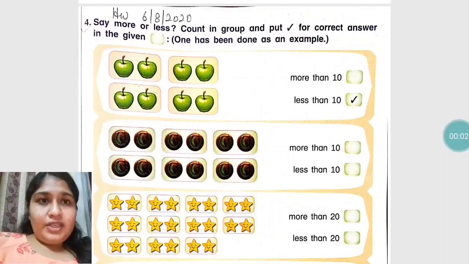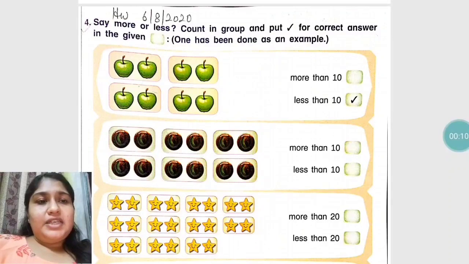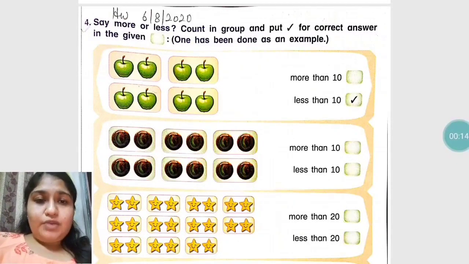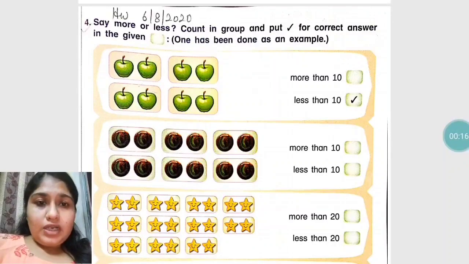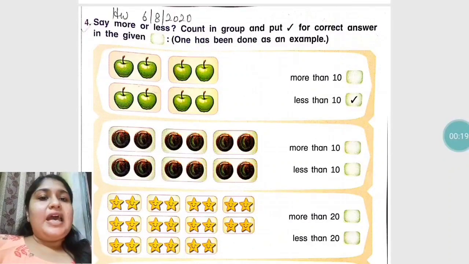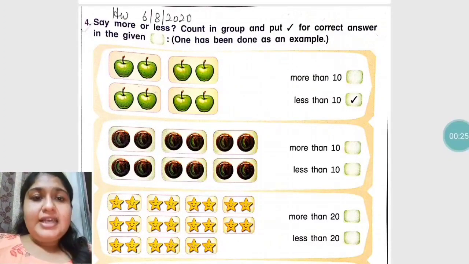The question number 4 is say more or less. Count in group and put tick mark for the correct answer given in the box. One has been done as an example. So here students, इस क्वेश्चन नंबर 4 में आपको काउंट करना है पहले ग्रुप्स में and then you have to answer. फिर आपको आंसर देना है कि ये जो ऑब्जेक्ट्स हैं 10 से ज़्यादा है या 10 से कम है.